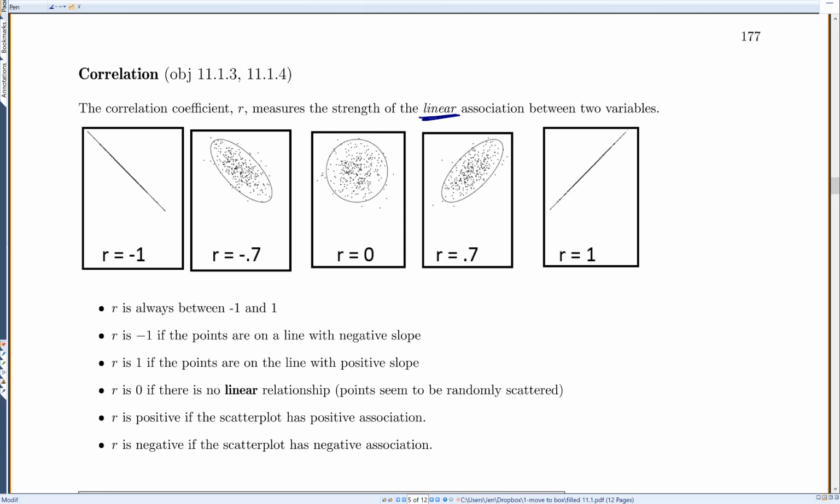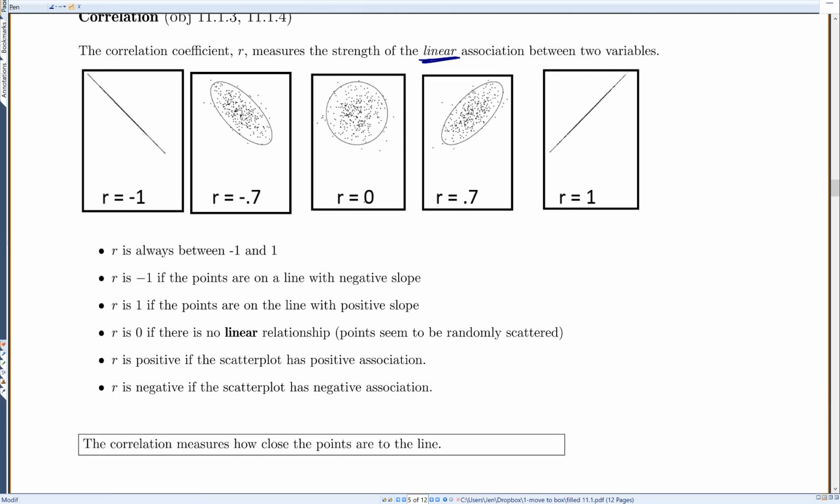But r equals 0, the points are just kind of randomly scattered. There's no relationship. You couldn't figure out where to draw the line. Okay. And so every scatter plot can be somewhere between -1, 0, and +1, just depending on how close they are to the line. You'll notice that r will always be positive if the scatter plot has a positive association, or if you want to think about it as a line, if the line has a positive slope, which we will learn how to do lines later.